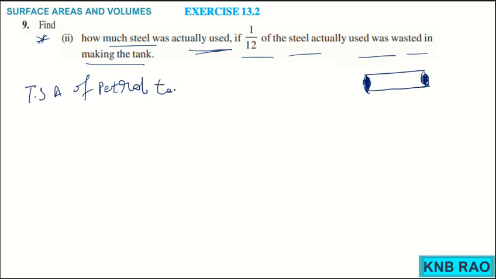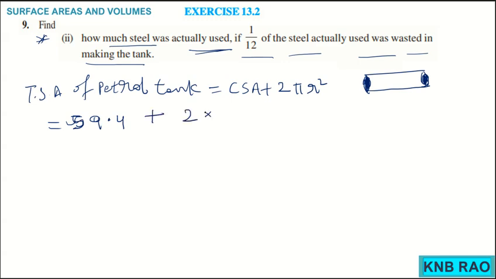So TSA of petrol tank we need to find out, which is CSA plus twice the area of that bases, where CSA is 59.4 plus 2 times of pi r square, that is 22 by 7 into, where we know that r is 2.1, so 2.1 into 2.1 or 21 by 10 you can write.